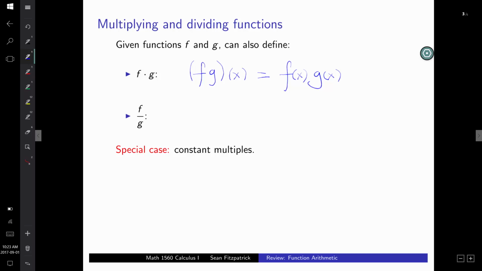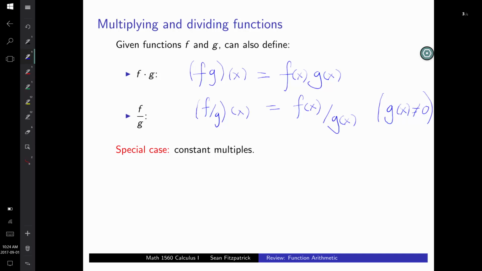Similarly, if you want to divide two functions, f over g, you divide the values. And of course here you have to be careful. There's an additional restriction on the domain. We can't divide by 0, so we have to throw out any x values where g of x is equal to 0.